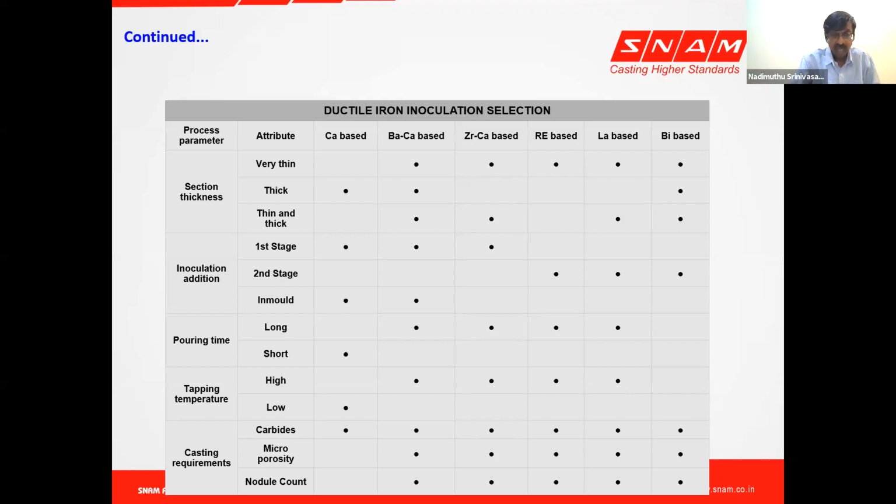Then your casting requirements, microporosity or nodule count, which is a very critical issue you are facing, and according to that, which is the inoculant you should select. Like the previous slides also showed, where you used a bismuth based inoculant, where you need a higher nodule count, you need a microporosity to be addressed, you use a lanthanum calcium based inoculant.